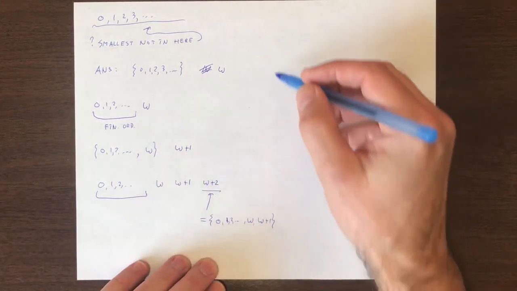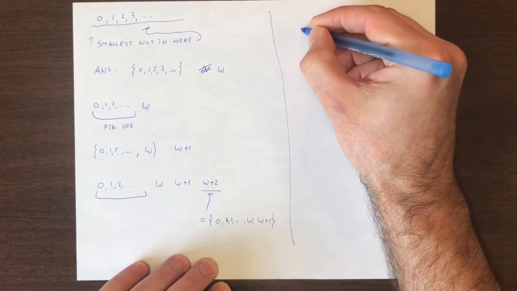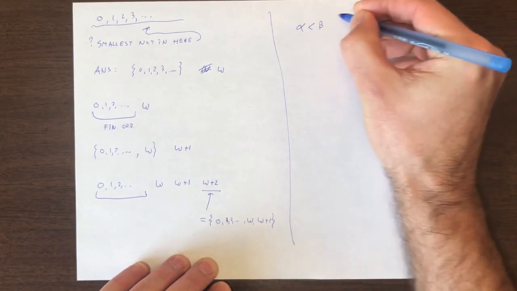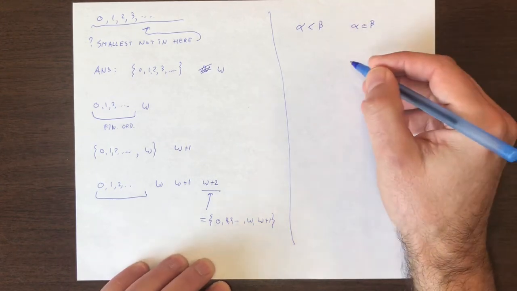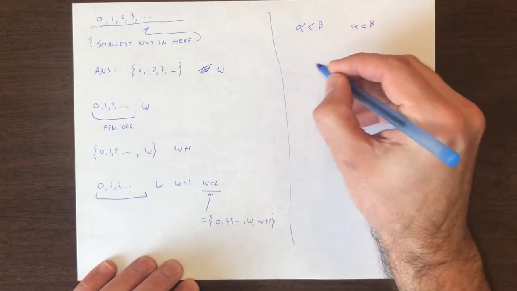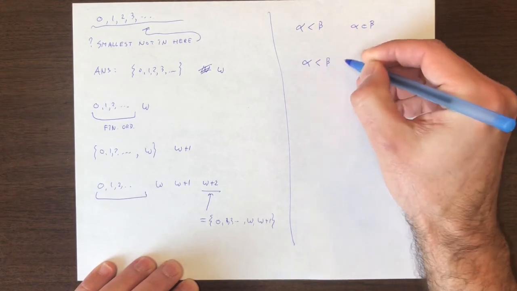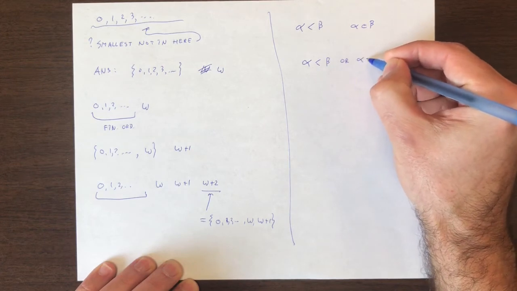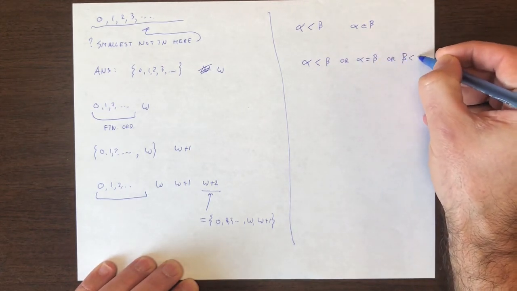Okay. So we had this ordering, where alpha is less than beta, is the same thing as alpha is in beta. Okay, and whenever we have two ordinals, we either have alpha less than beta, or alpha equals beta, or beta less than alpha.